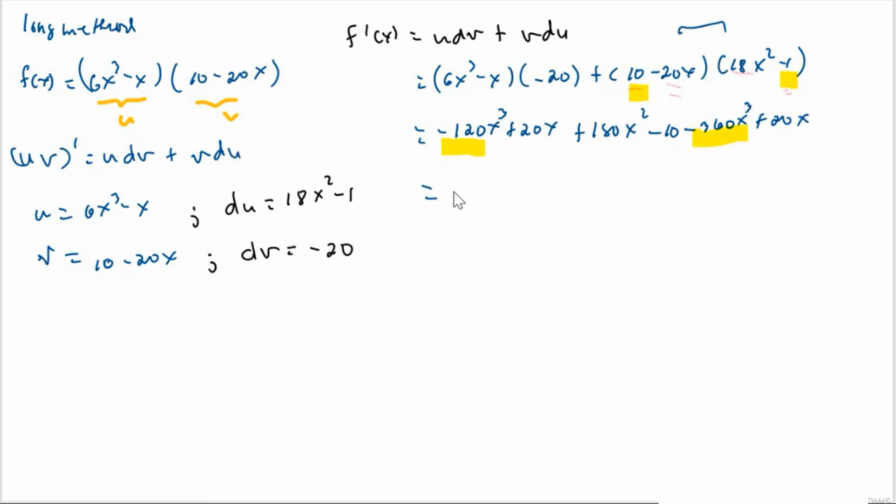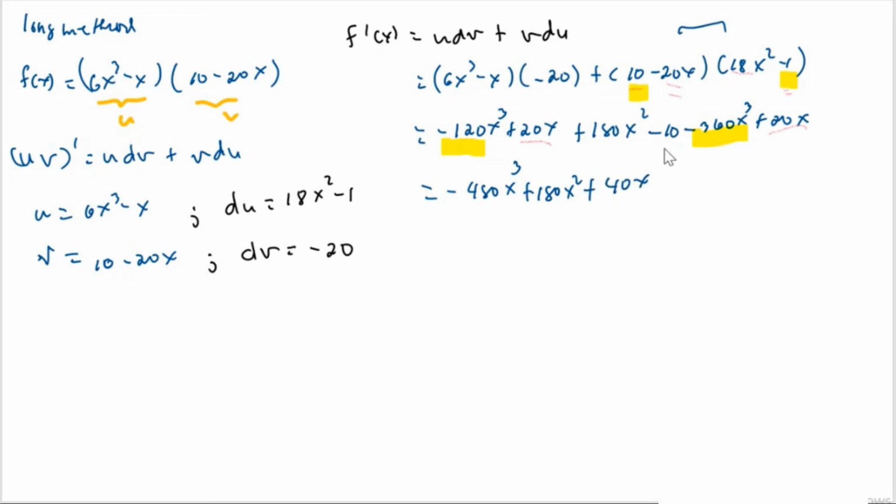So the sum of that is negative 480x cubed. Then in terms of x squared, there's only one term, so we just copy that one: 180x squared. And in terms of x, we have 20x, another 20x, so a sum of 40x.